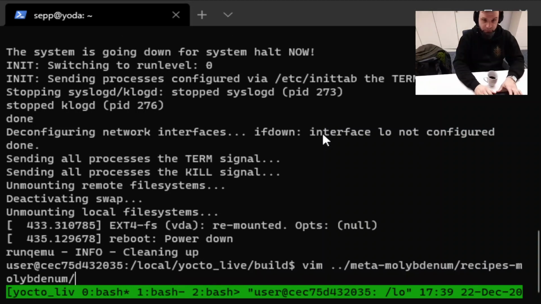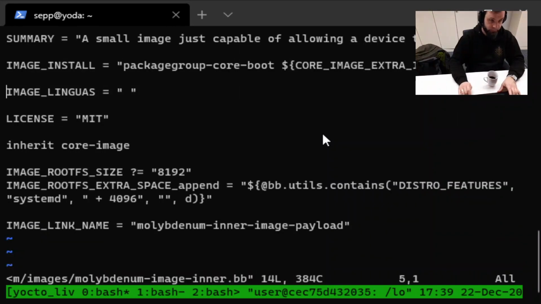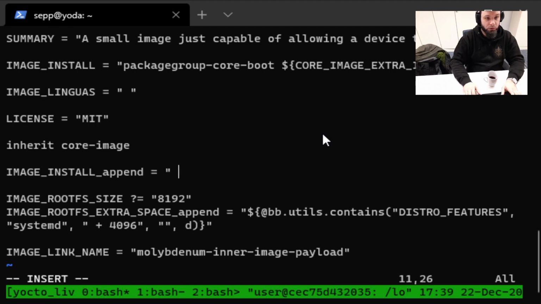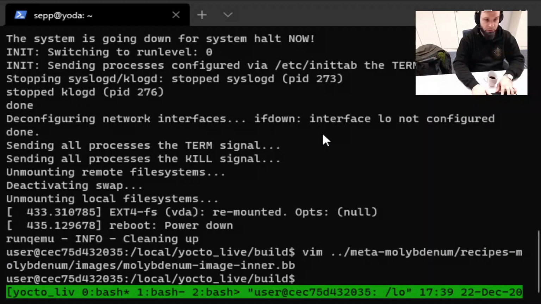At the molybdenum, recipe is molybdenum images, molybdenum image inner. And image install append equals BC. It's always BC, you know?